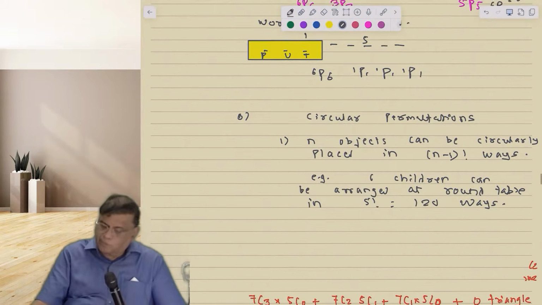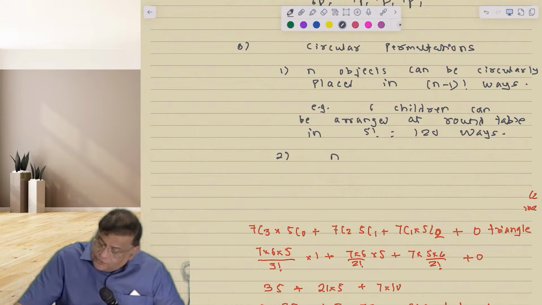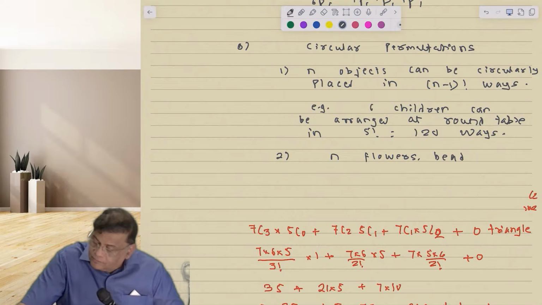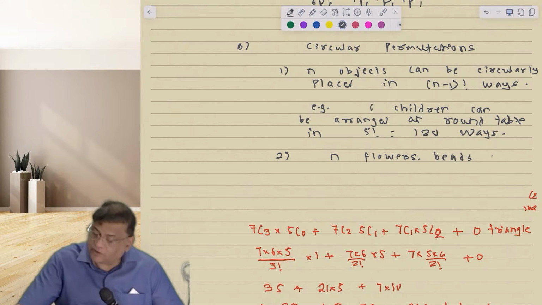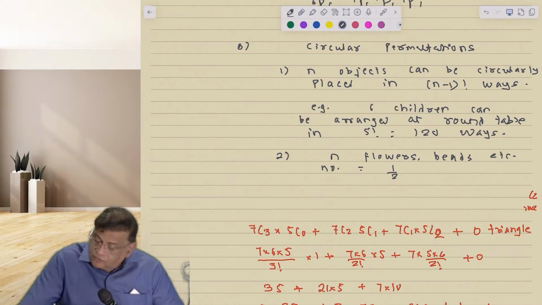However, in that case, if you have n flowers, n beads, etc., then the number is equal to half of (n minus 1) factorial.